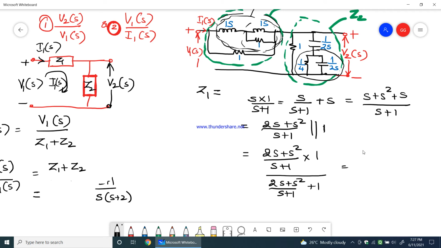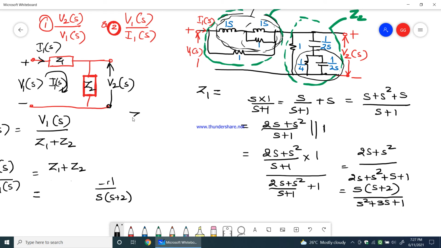So that would be equal to 2S plus S square divided by 2S plus S square plus S plus 1. So S plus 1 gets cancelled. So I'll see that S into S plus 2 divided by S square plus 3S plus 1. So therefore Z1 equals S into S plus 2 divided by S square plus 3S plus 1.